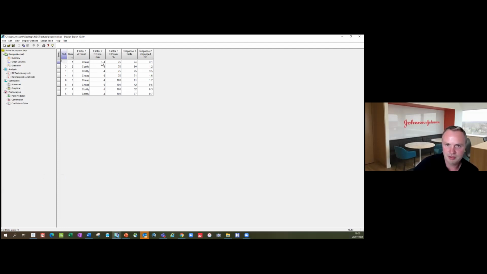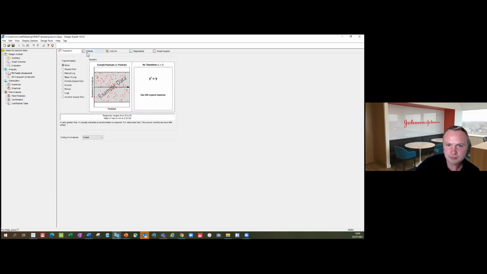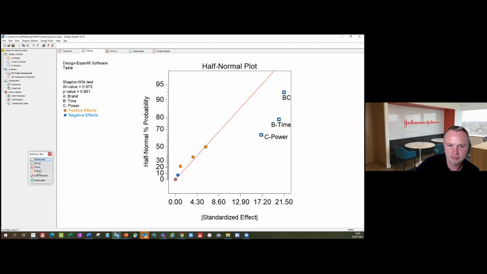Cheap, costly is your brand, time, power, and then your taste is given as a value between 0 and 100, and your unpopped kernels are given as a weight of the kernels left behind after the popcorn has popped. Okay, so this is an example of that half normal plot that I showed you earlier.